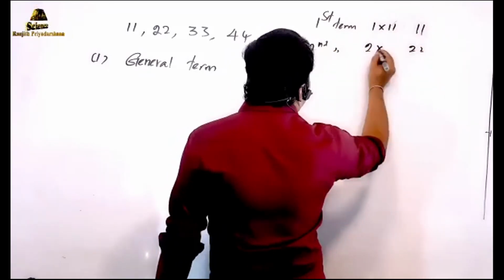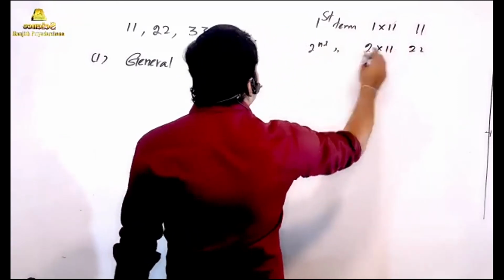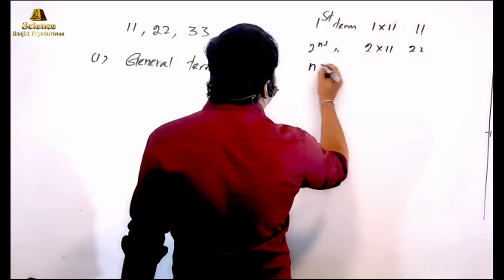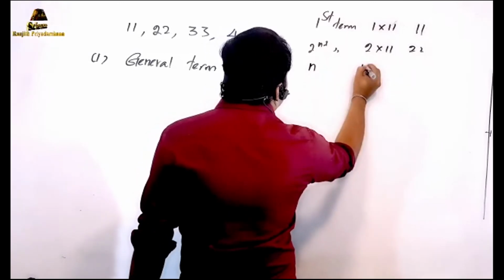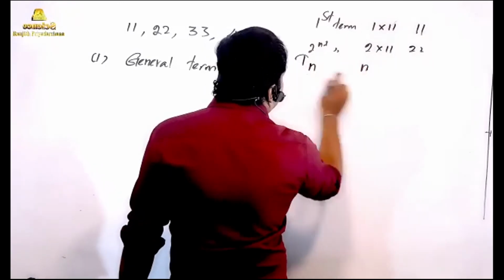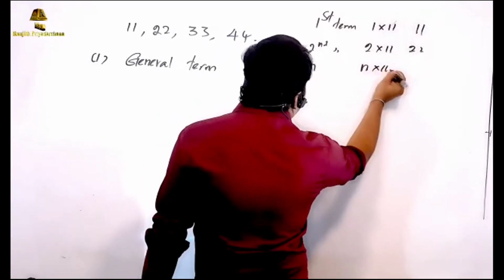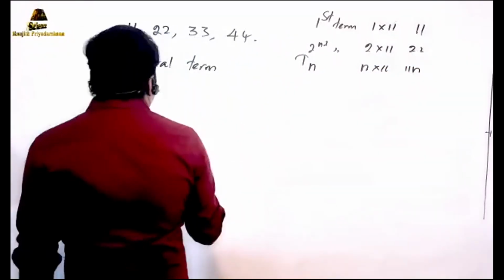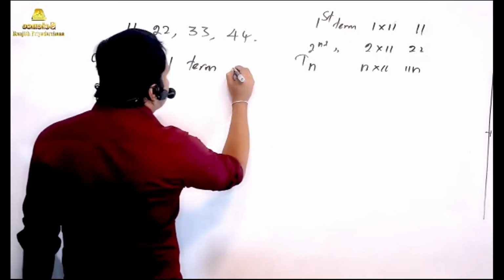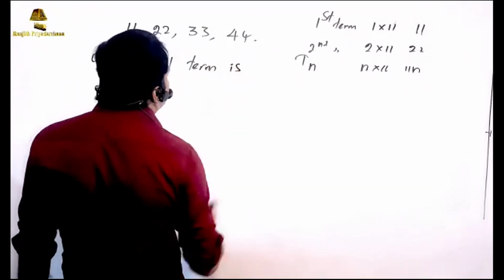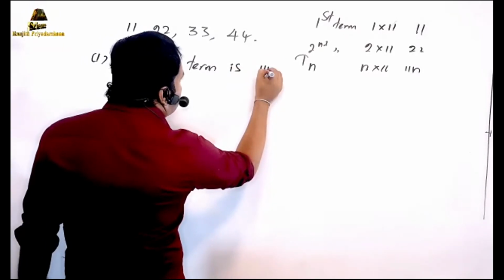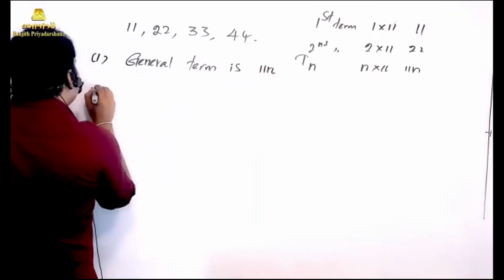So that's very easy. The nth term Tn equals n into 11, that means 11n. Good. So the general term is 11n.